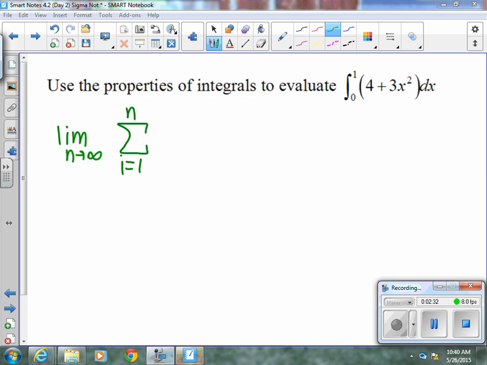From i equals 1 to n, and now we need f of x sub i times our change in x.